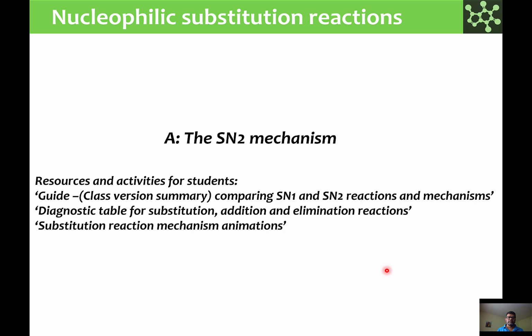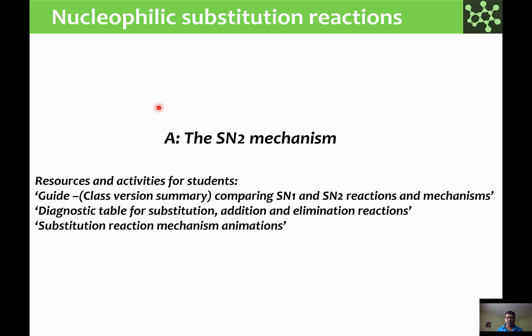Now SN2. You have already done your word cloud and had an idea about it. You searched the words, their meanings and definitions. You have a rough idea, and then we're going to make a class version summary today together with the large group, and then we will do our in-class questions.